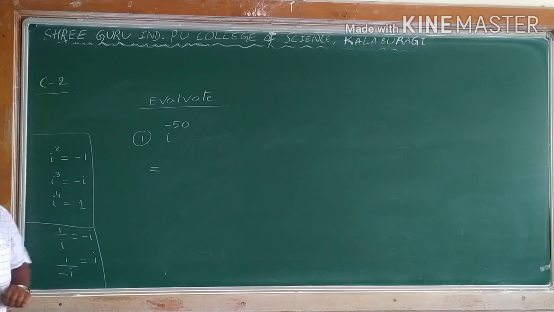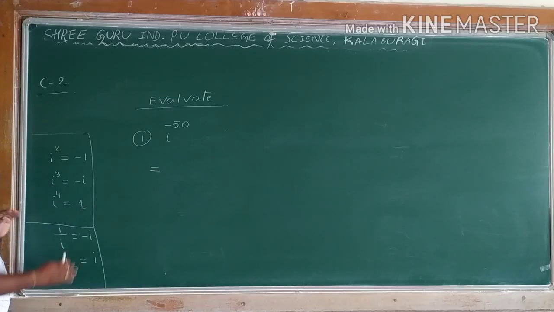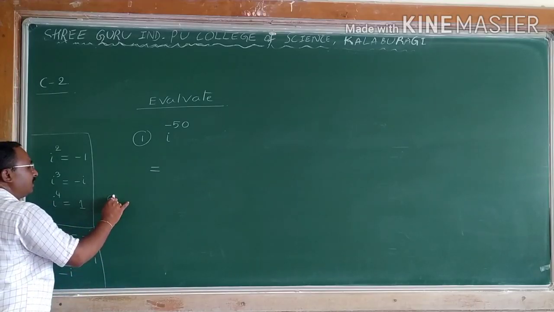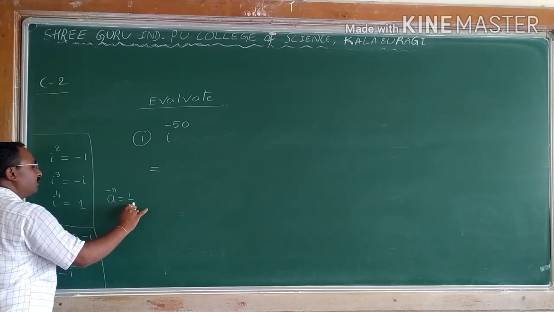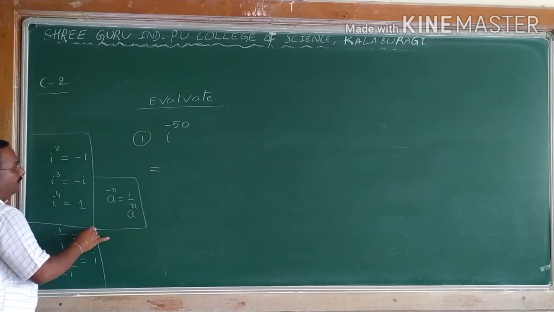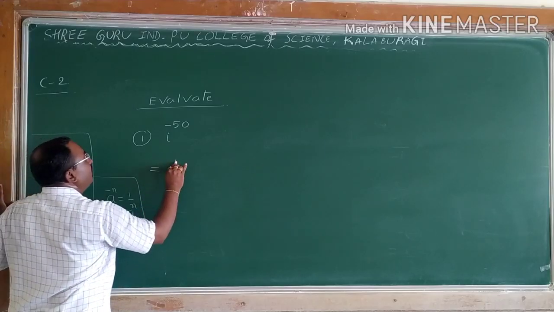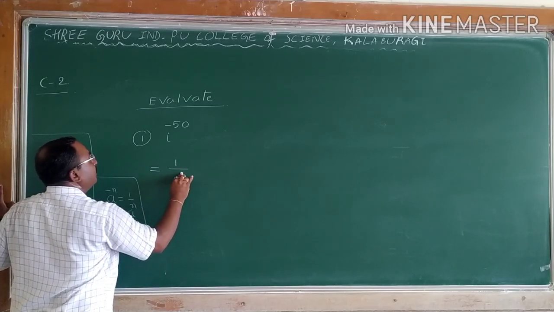Negative becomes positive. Here power is negative, convert positive. We know that a power minus n can be written 1 by a power plus n by the law of indices, keep in your mind. i power minus 50 can be written i power plus 50.